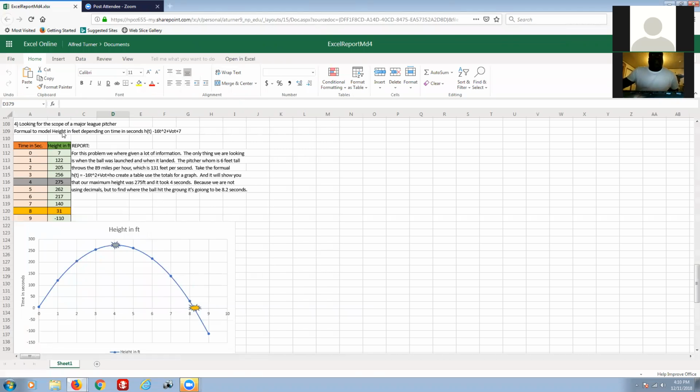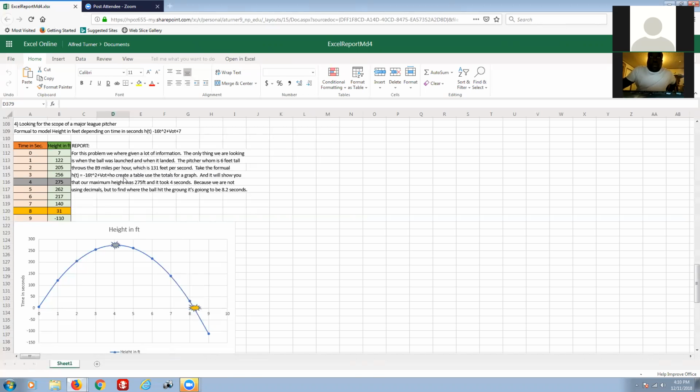Okay, looking at the major league pitcher, the formula I just told you what it was. For this problem, we're given a lot of information. The only thing we are looking for is when the ball was launched and when it landed. The pitcher was 6 feet tall, throws the ball 89 miles per hour, which is 131 feet per second.